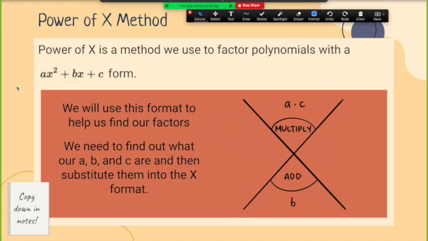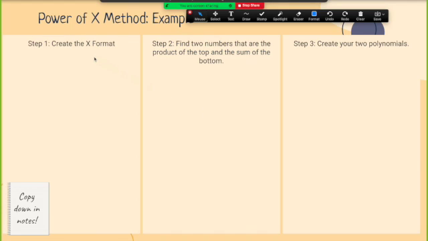Whatever our a and whatever our c is going to multiply together on the top of the x. And whatever our b is in the middle is going to be drawn on the bottom here.